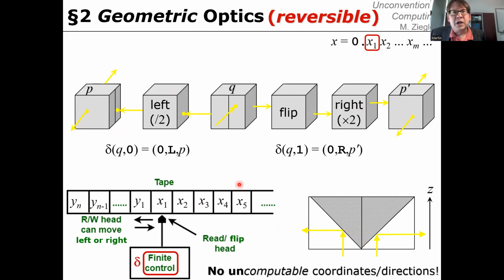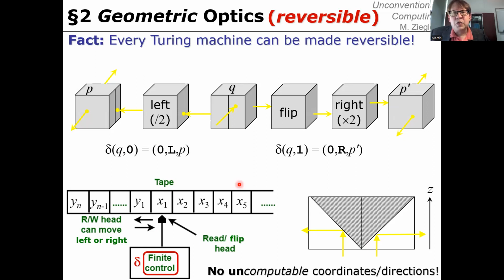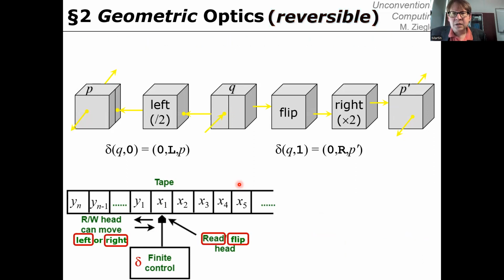But fortunately, there's a theorem in computability, which I will prove, for example, in my first promoted course, CS422, Theory of Computation, that every Turing machine can be made reversible. And this approach allows us to simulate any reversible Turing machine using geometric optics. So that's already the end of the construction of how to simulate any Turing machine using geometric optical computing.